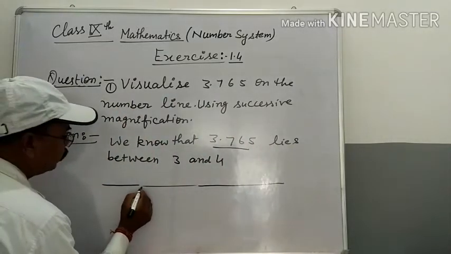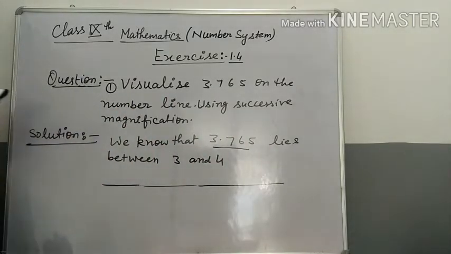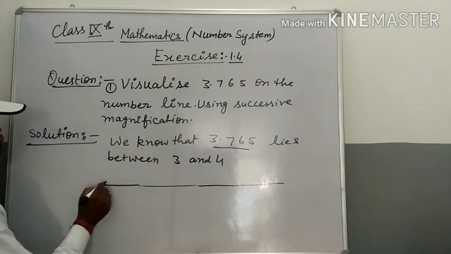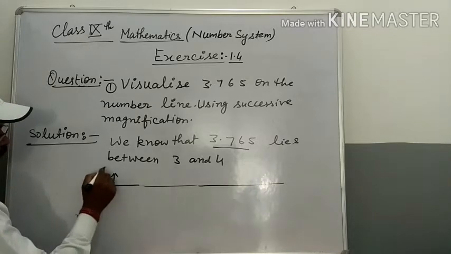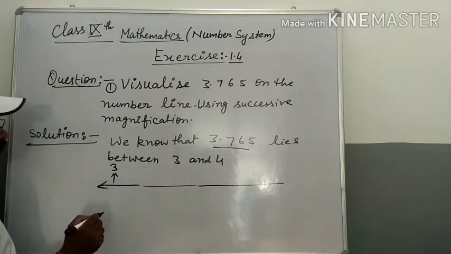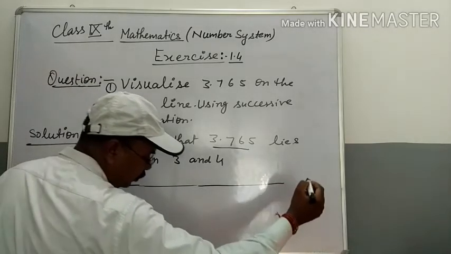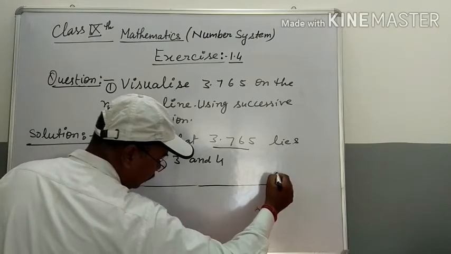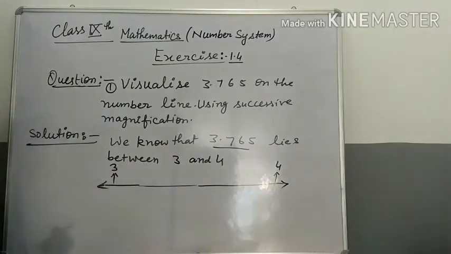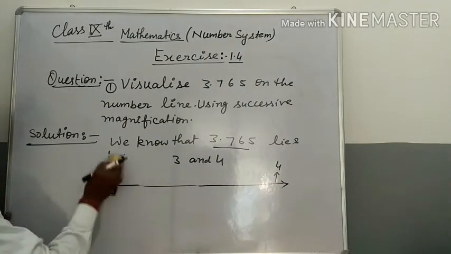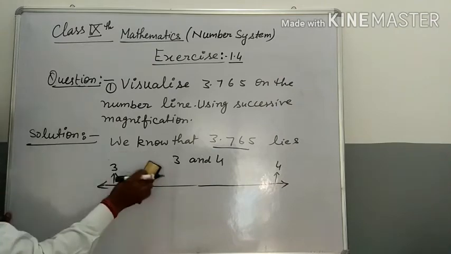This is a straight line, students, and here is 3, the starting point, and this is 4, the end of this line.